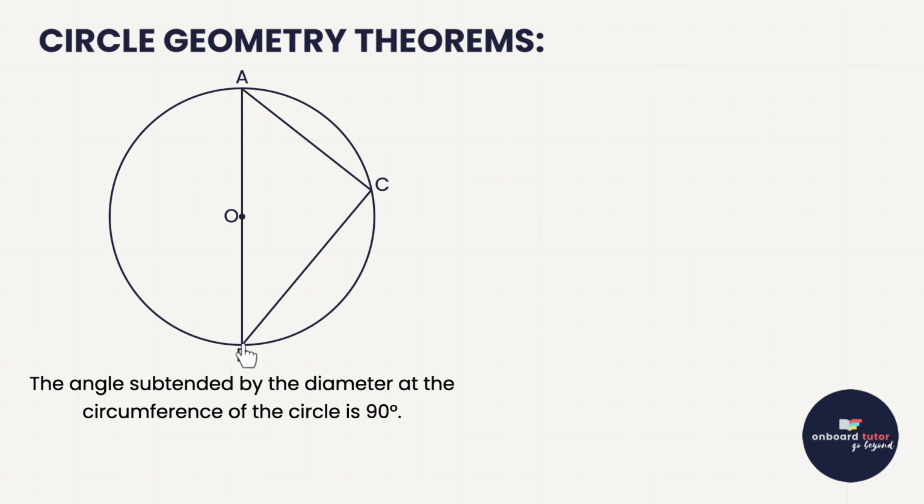The two endpoints of the line form the two arms that create angle C. So the angle subtended by the diameter at the circumference is 90 degrees. If they tell us that we have a diameter, then we can deduce that angle C is equal to 90 degrees. And this reason is angle in a semicircle.